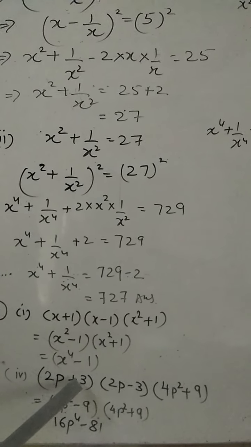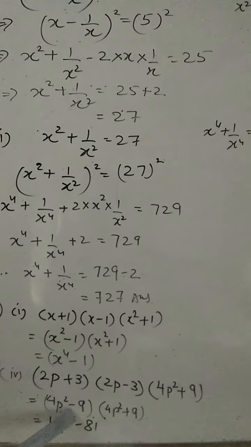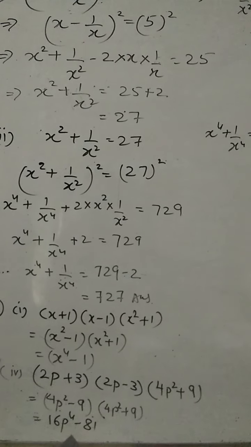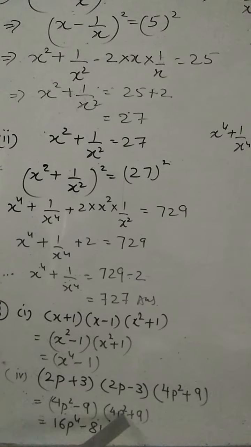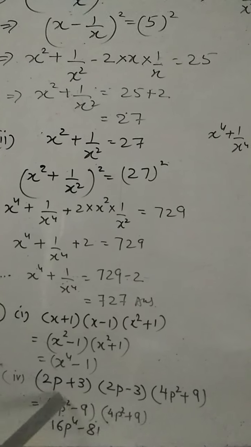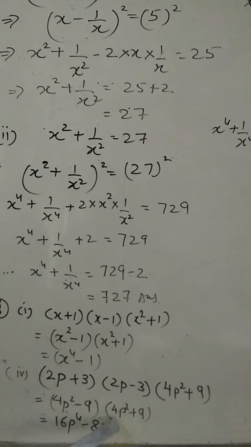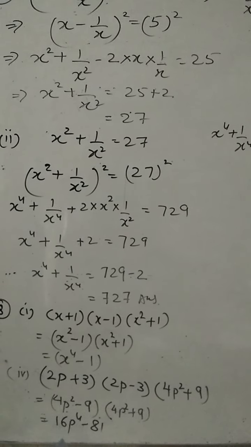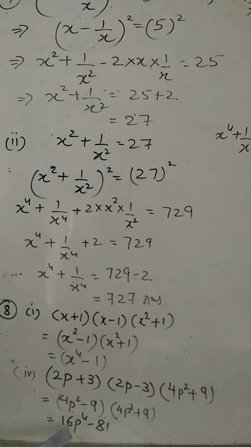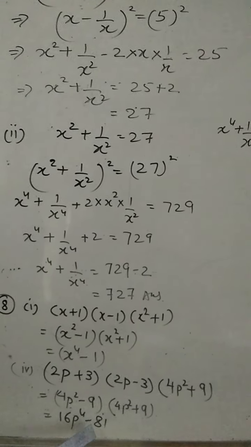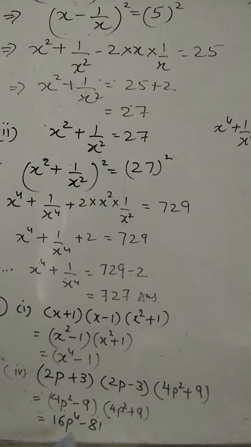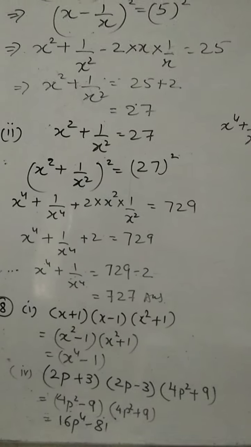When alternate signs are there, plus minus or minus plus, the sign will be minus for that identity. Again it is taking the form of the same, the a part is same, the b part is same, so we can apply a square minus b square. So again the square of 4p square is 16p to the power 4, and minus 9 square, that is 81. So here is your answer.